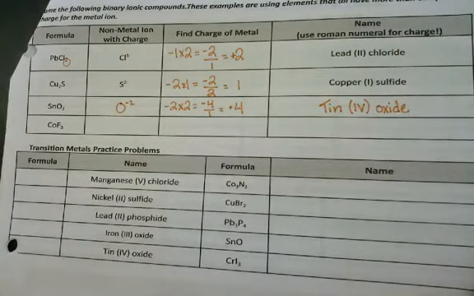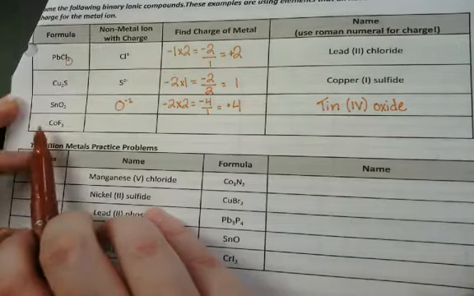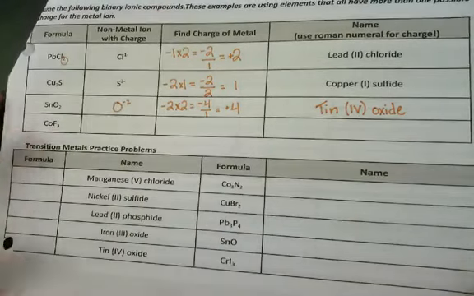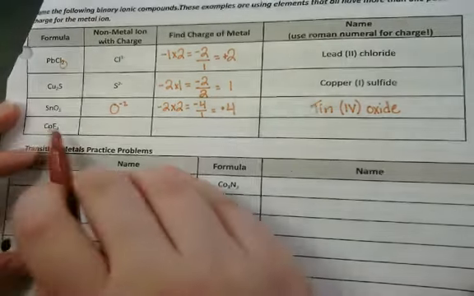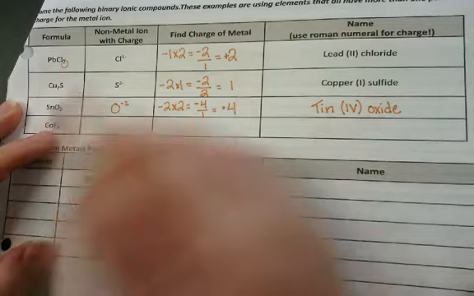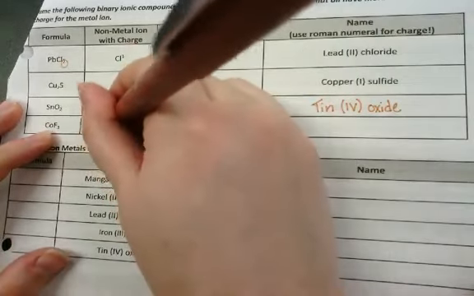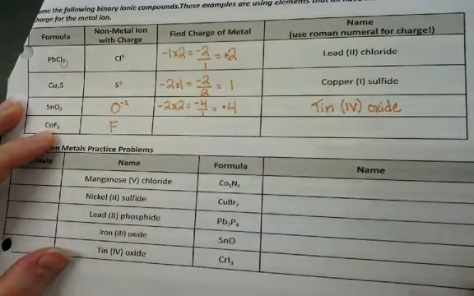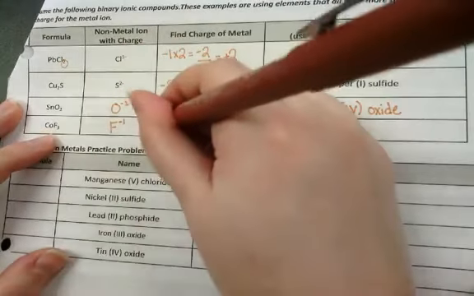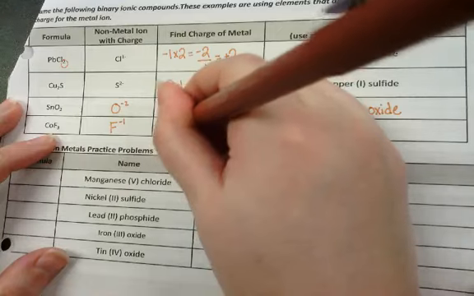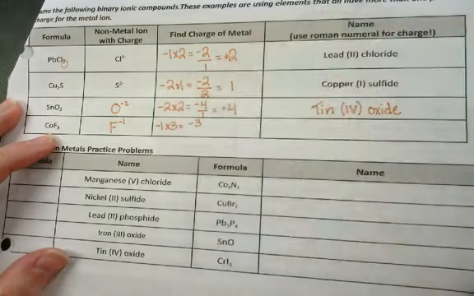All right. Now, I want you to see if you can do the CoF3 all on your own. So pause the video and then come back and we'll check it. Okay, so this fluorine here, this is F. That's our nonmetal. It's in group 17. It always has a charge of negative 1. There are 3 of them, so negative 1 times 3 means I have a total of a negative 3 charge.